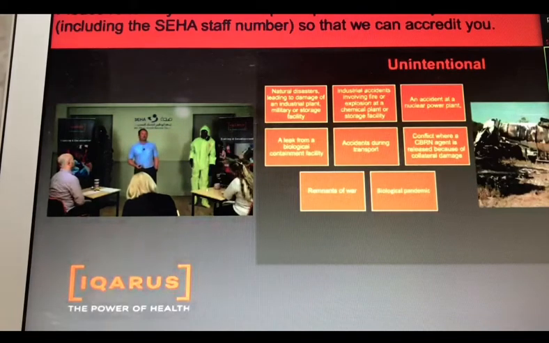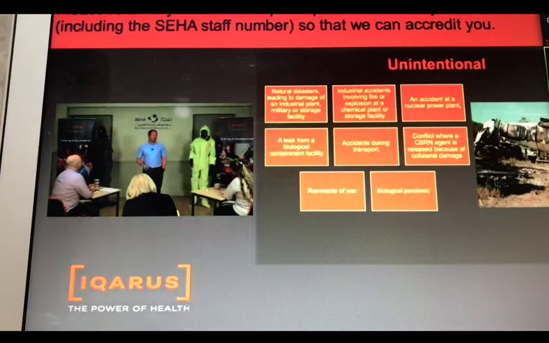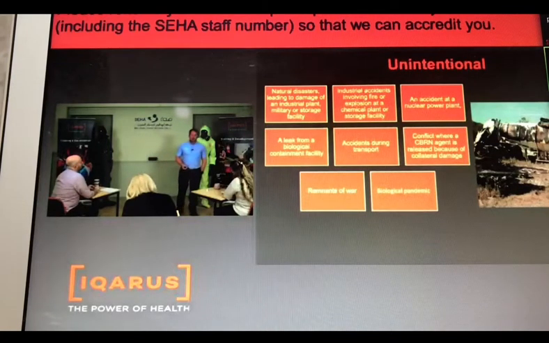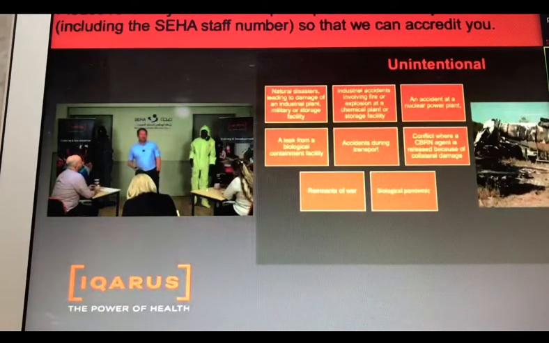This could be from natural disasters that damage industrial plants, military or storage facilities. It could be an industrial accident involving fire or explosion at a chemical plant or storage facility. This is where they use lots of chemicals in normal everyday manufacturing.